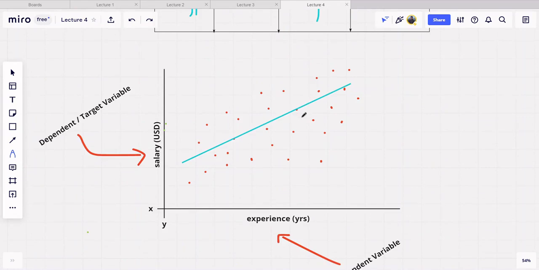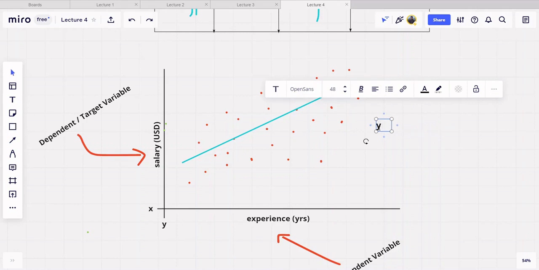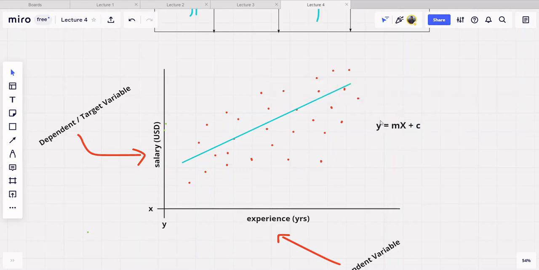Let me again write this here. y is equal to mx plus c. This particular equation is the equation for this line of best fit.